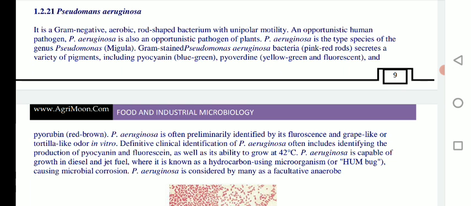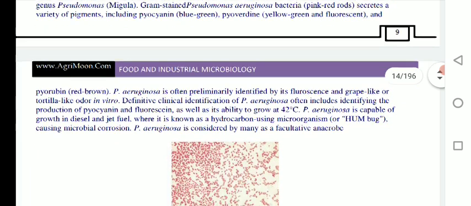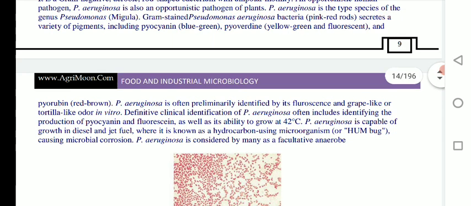That's why we call it fluorescens, because it produces some fluorescence or some colored compound after being put into some media. Pseudomonas aeruginosa is often preliminarily identified by its fluorescence and a grape-like or tortilla-like odor in vitro.